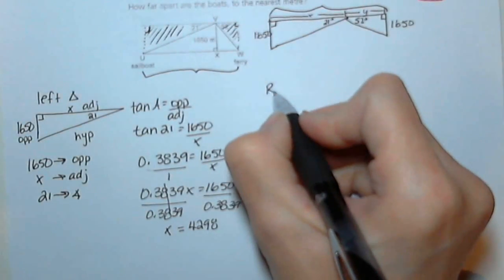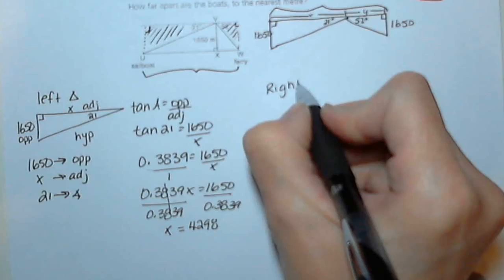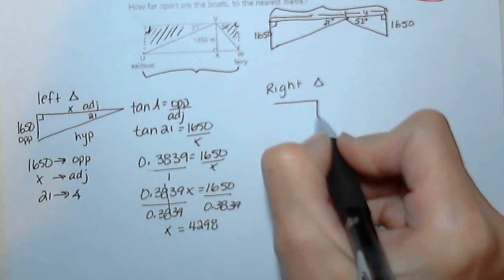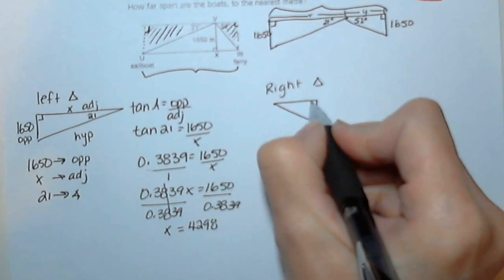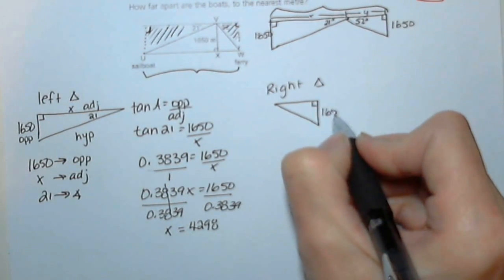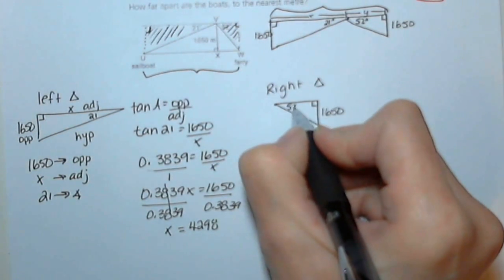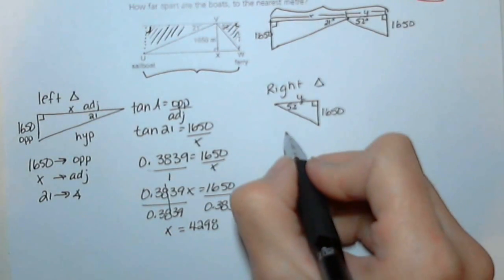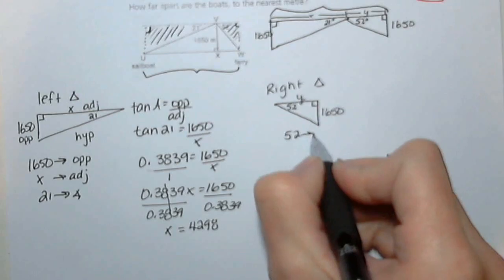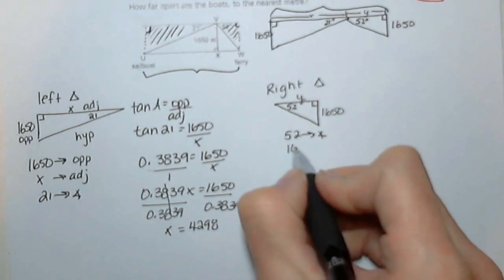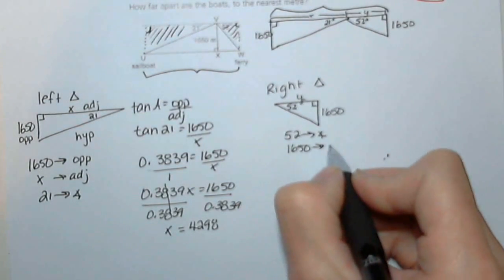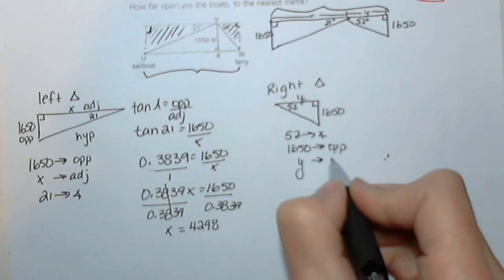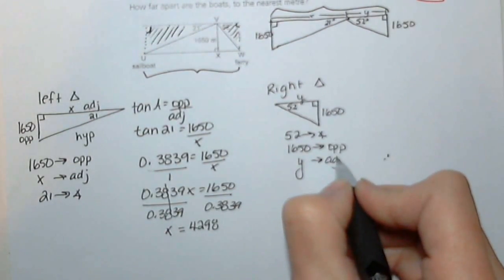Now let's look at our right triangle. And our right triangle looks like this, where this is 1650, this is 52, and this is Y. So making our list, we have 52, which is the angle, we have 1650, which is the opposite, and we have Y, which is the adjacent.